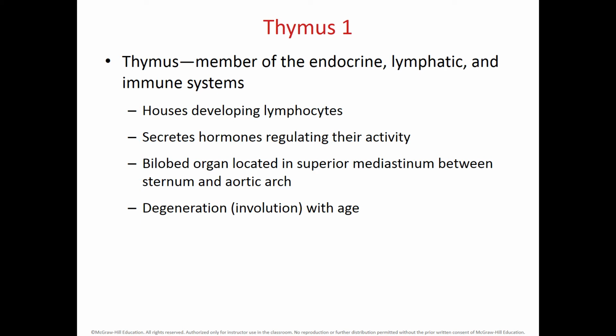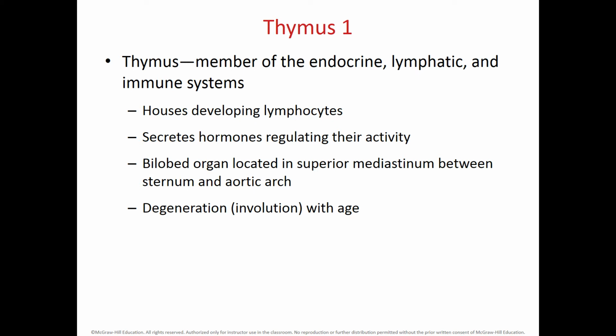Now let's talk about specific characteristics of these organs of the lymphatic system. The thymus is a member not only of the lymphatic system, but also of the endocrine system. It receives the developing T lymphocytes, and then upon the action of hormones like thymosin, we have the maturation of these T lymphocytes.